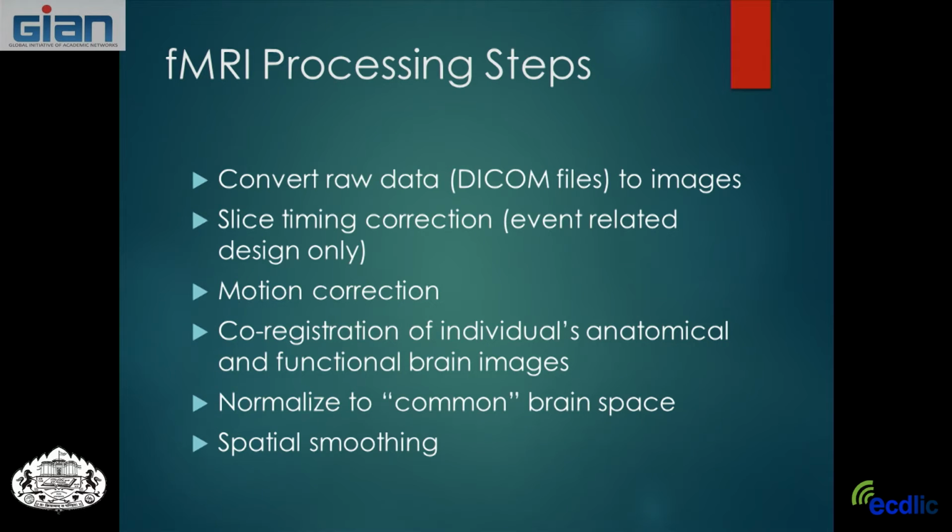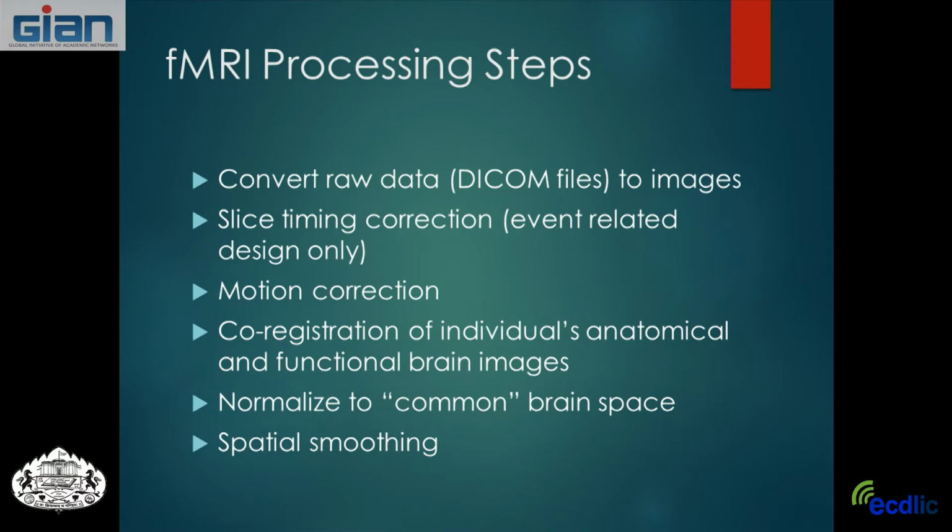This is where we take all the slices in the brain and move them back to the same starting point. When we collect through the brain over a period of 2 seconds, each slice is collected at a slightly different time point. We can get rid of this effect by moving everything back and assuming that all slices were collected at a single starting point.